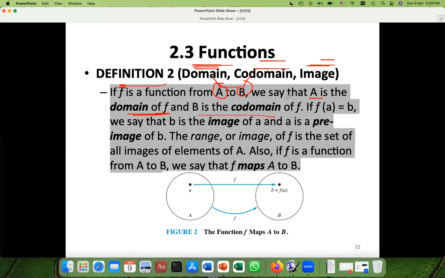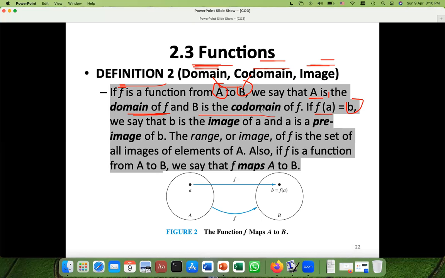And we can assign one element from B to an element of A. So how can we apply the function over the elements of A? This is the representation we have, f of a is equal to b. It means a is an element of set A, and if you apply the definition of the function over it, then you will get some element from B.